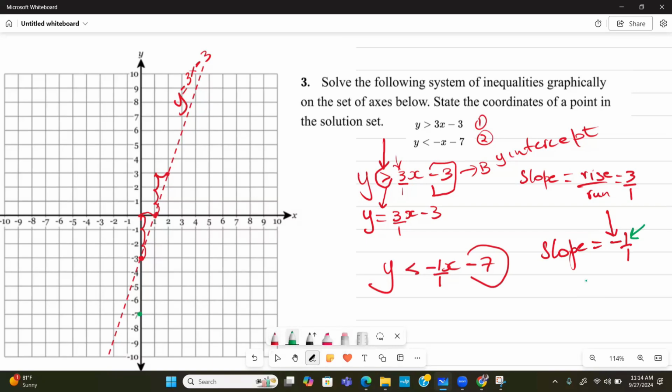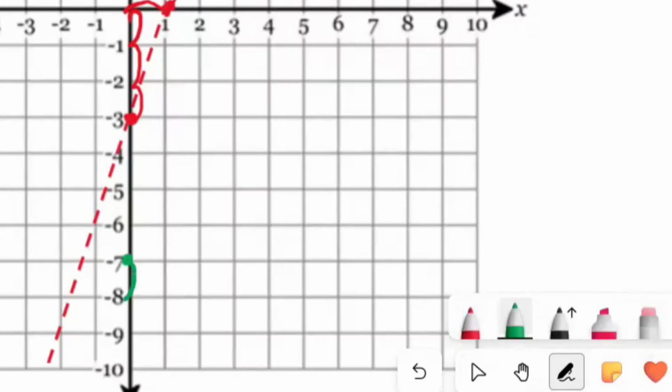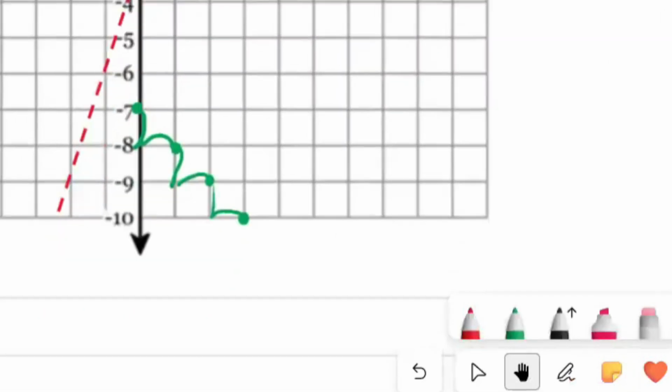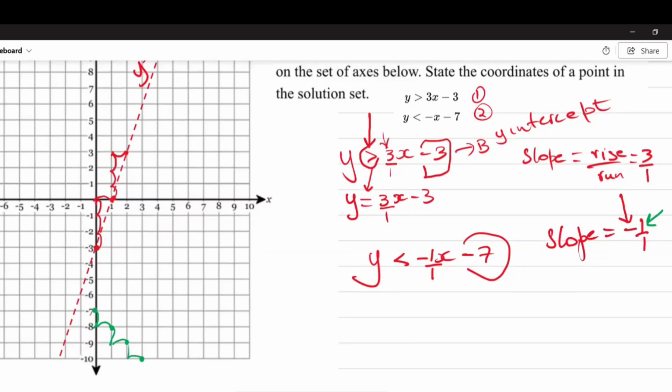So what this is, I'm going to go down 1 and then across 1. Let's take a look at it. So I'm going to go down 1 from negative 7 and then across 1. I could do another down 1 and then across 1. So you could see what's going on. So let me draw a long line through that to represent my inequality or represent the region that I'm about to shade.